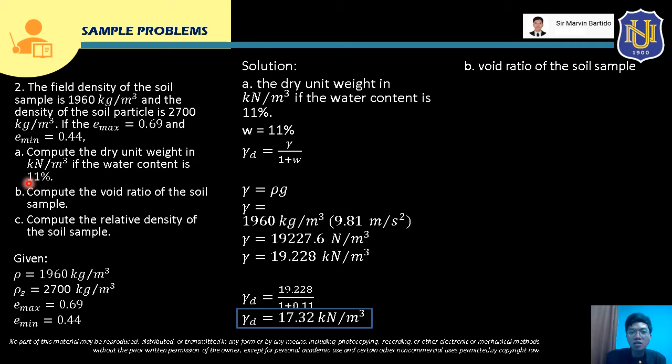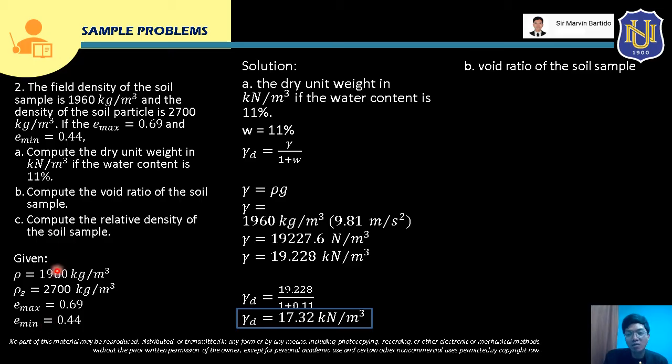Now for letter B, we are going to compute here the void ratio of the soil sample. So class, void ratio, yung formula natin kasi dito ay volume ng void over total volume, which is hindi sila given dito sa problem. Pwede rin natin gamitin yung sa relative density kasi may e max, e min tayo.